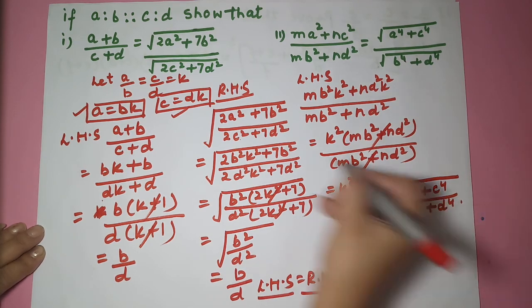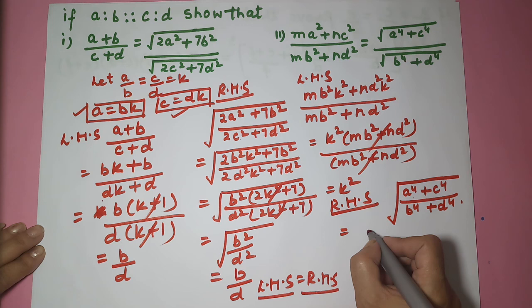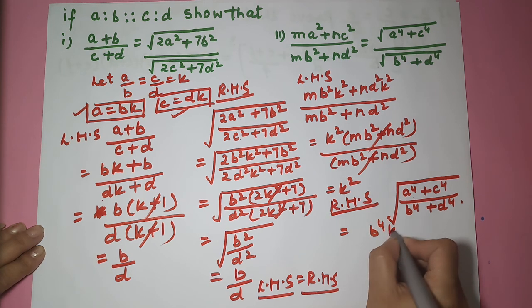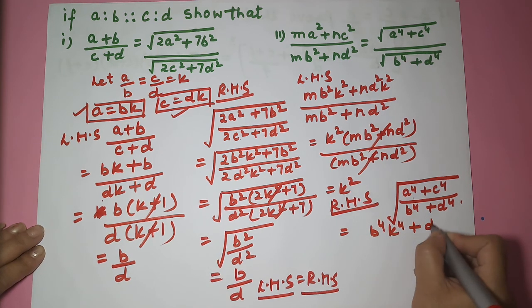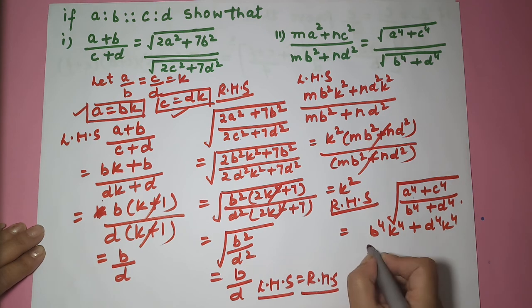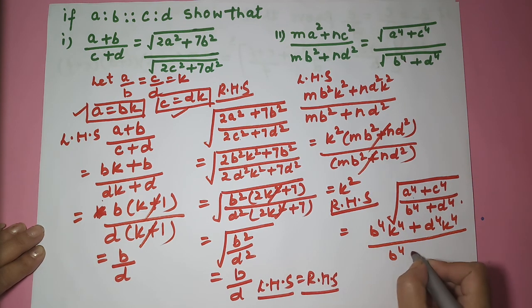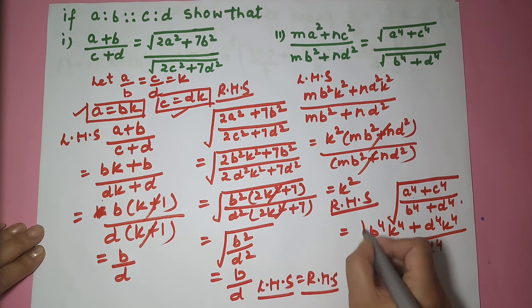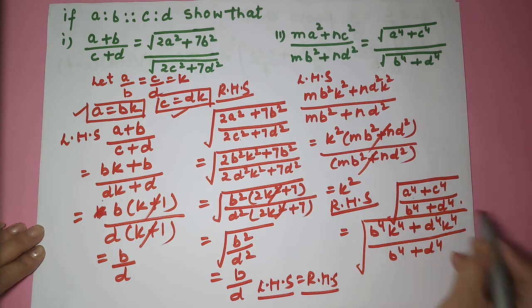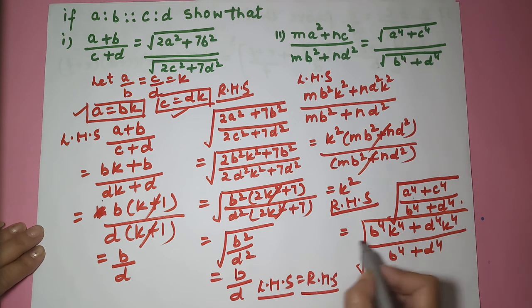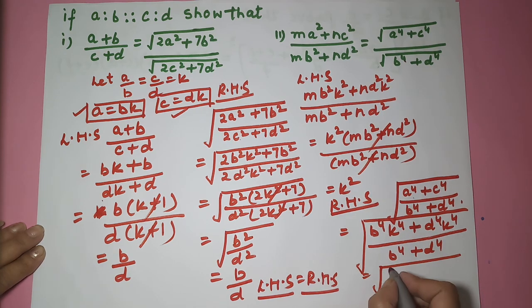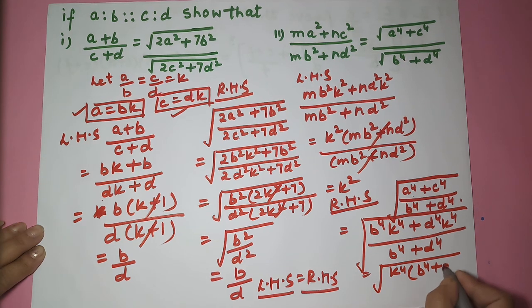Okay, let's replace the value of a first, that is b4 k4 plus c4 is d4 k4 upon b4 plus d4 and this square root sign. Fine. Can we take anything common? Yes, we can take in the numerator k4 common. So inside we are getting b4 plus d4.